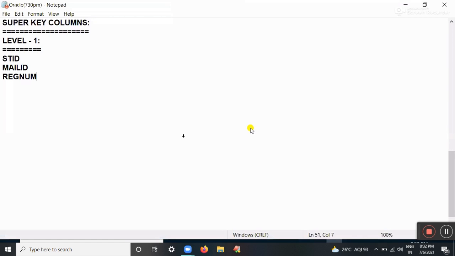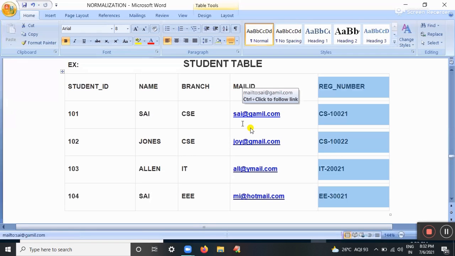So that means in my student table, how many super key columns are there, guys? Three.